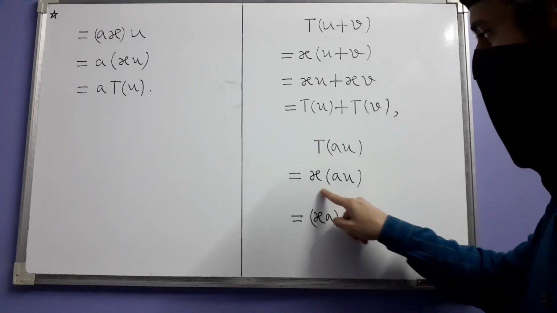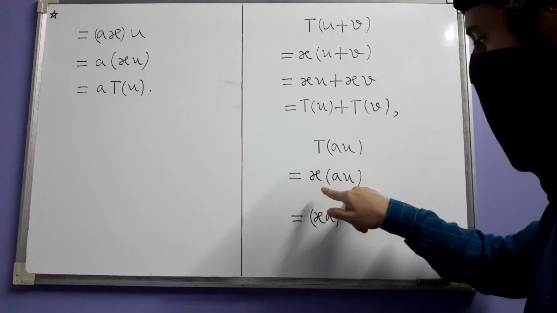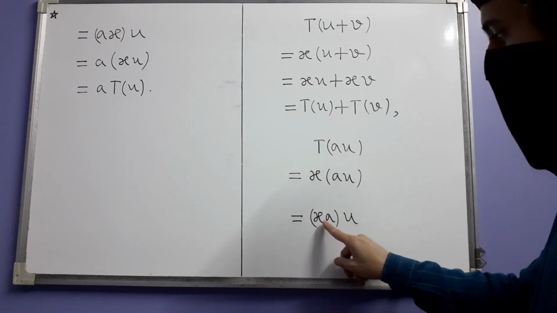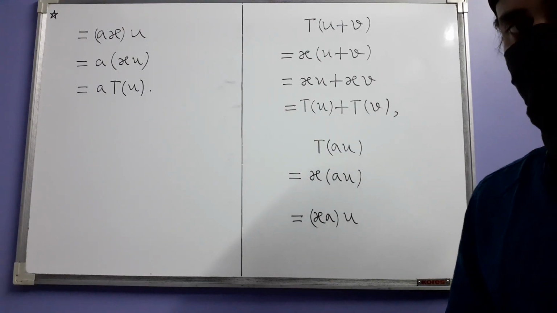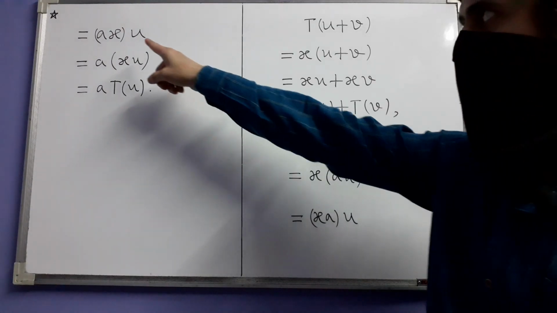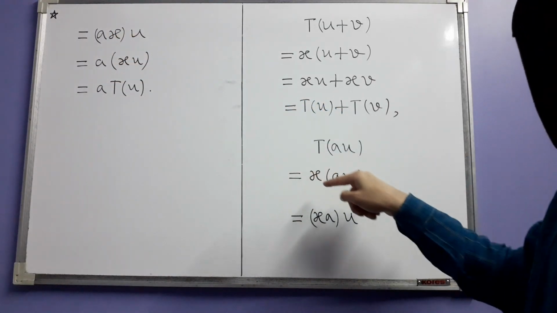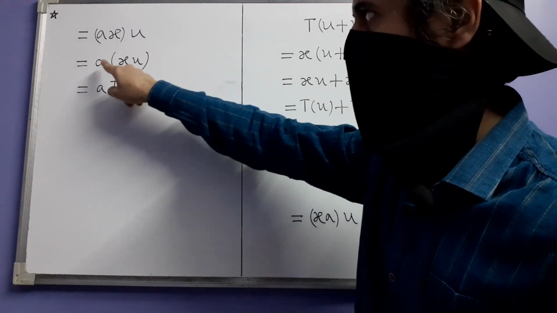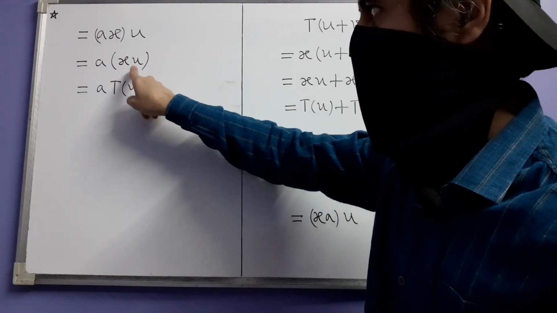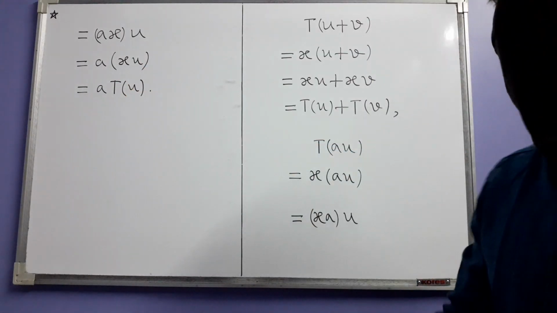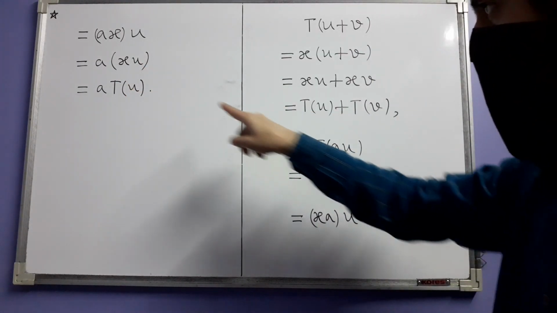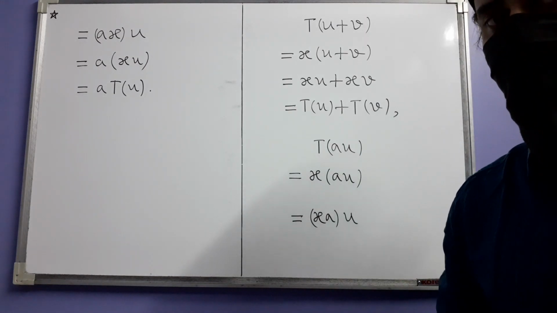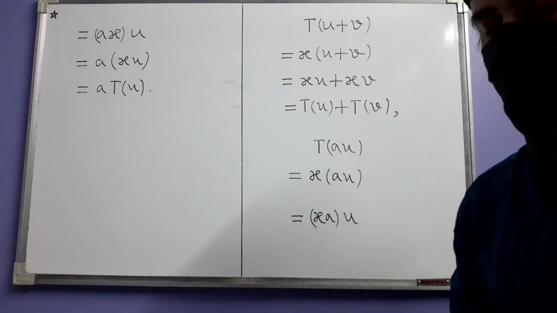So using the third module axiom, this equals xa times u. However, multiplication of polynomials is commutative. So xa is also ax. And then you again use that third axiom to get this one from this one, a times xu. xu, however, is T of u. So that's how you see that T also respects scalar multiplication, and that is why T is a linear transformation.